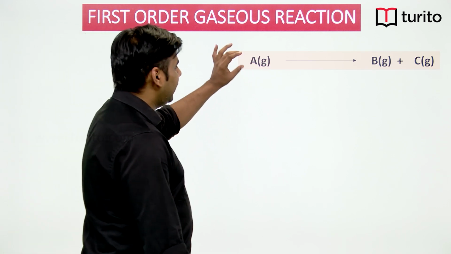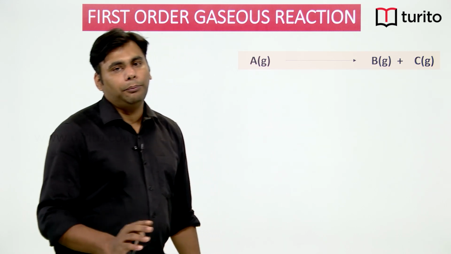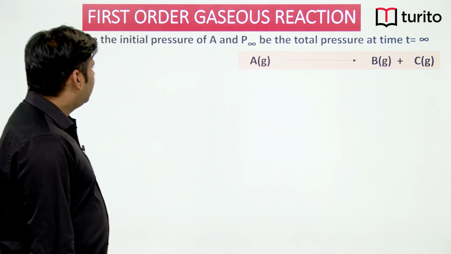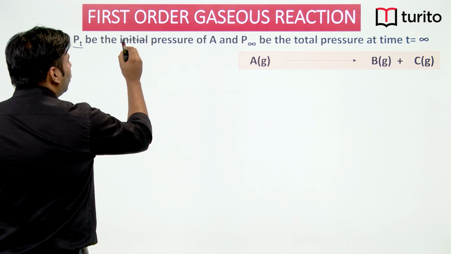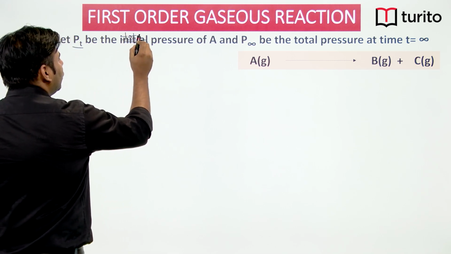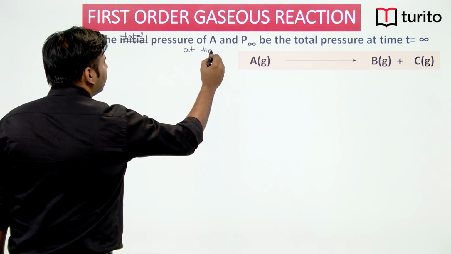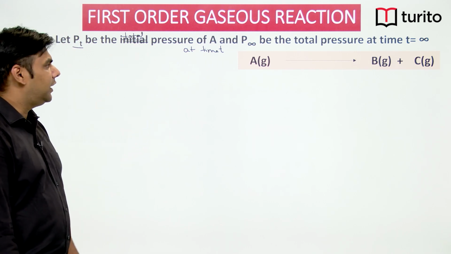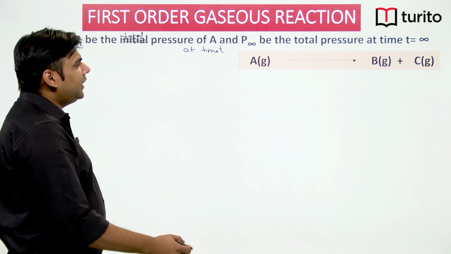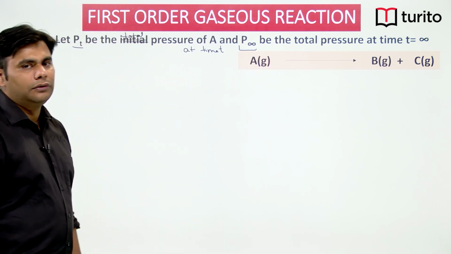Suppose, again this is a hypothetical reaction, where A gas is changing into B gas and C gas. Now let Pt be the total pressure at time t, and P infinity be the total pressure at time t equals infinity.